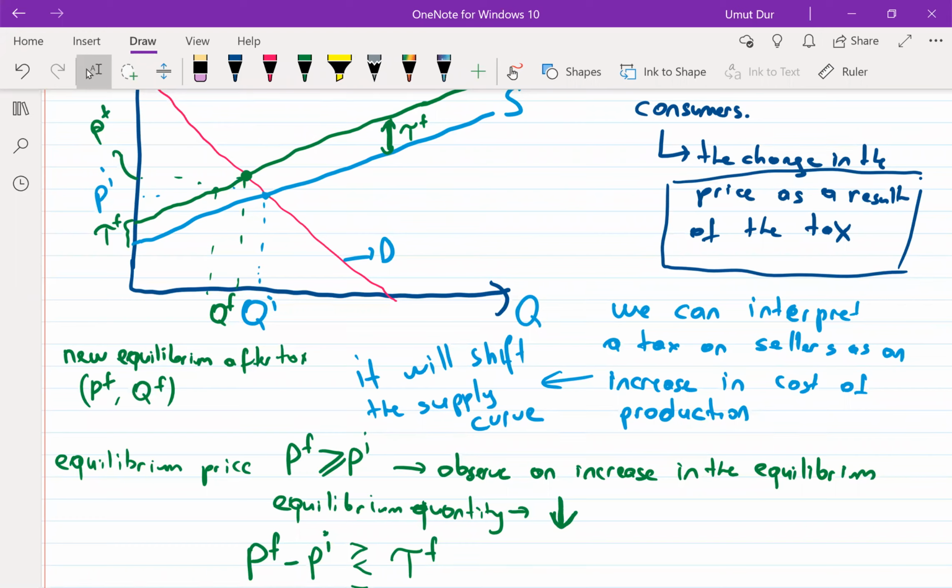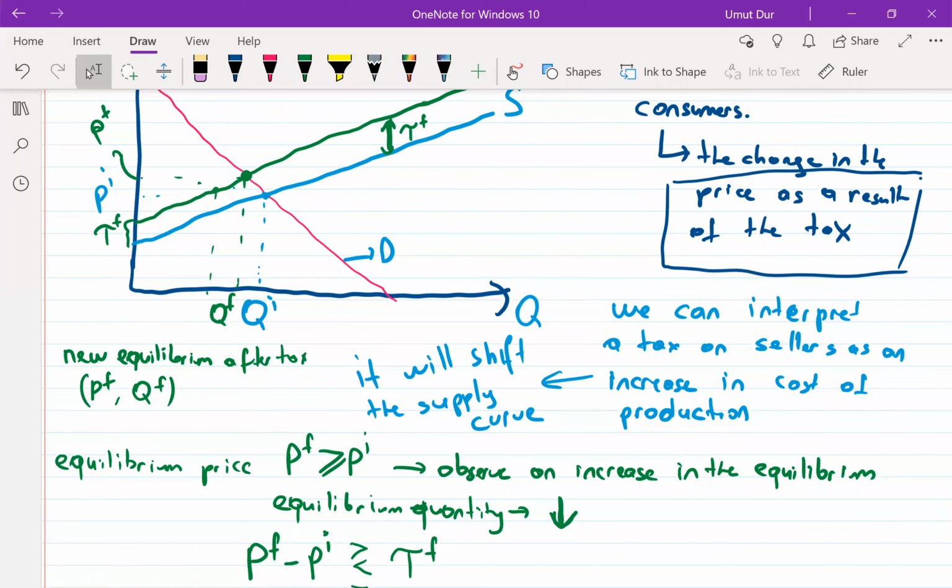We are comparing PF and PI, looking at the difference between PF and PI, and comparing it with the amount of the tax. So can we say anything about this relation? Which one is bigger? Is the difference bigger than the amount of the tax, or is the tax bigger than the difference?